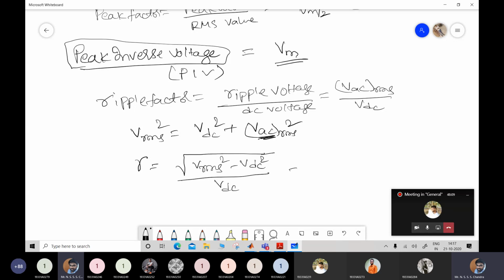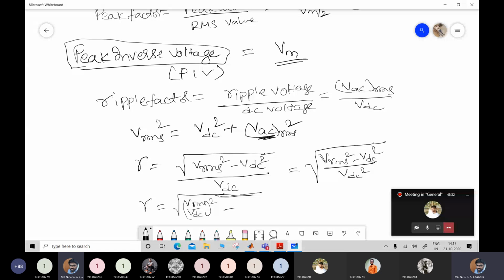Now if you take the denominator V DC into the square root, it will be V RMS square minus V DC square by V DC square, or rho is equal to the square root of (V RMS by V DC) whole square minus 1, because V DC square by V DC square is equal to 1.